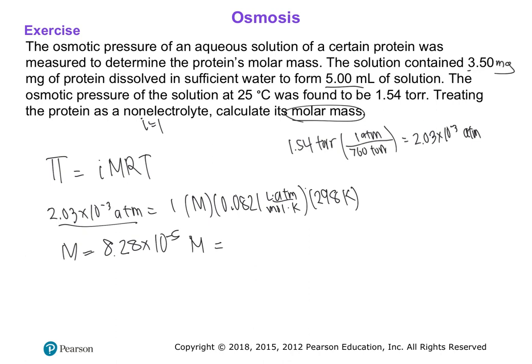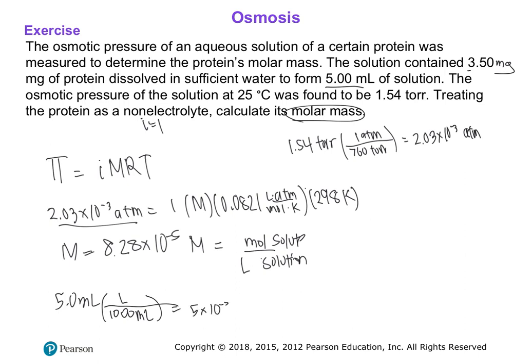So we know molarity is moles of solute over liters of solution. Now I know my solution was 5 milliliters. So I'm going to find how many liters that is. So I'm going to divide by 1,000. So that is 5 times 10 to the negative 3 liters. So that's what I'm going to put on my bottom.